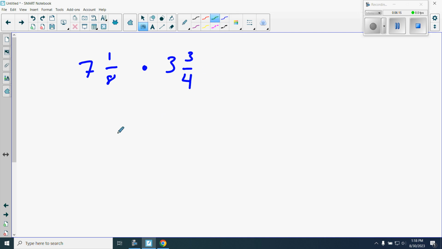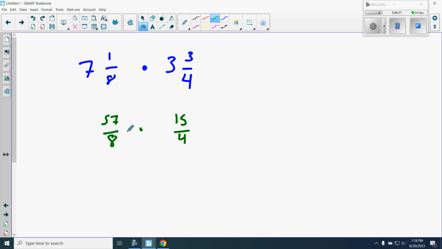It's tops times tops, bottoms times bottoms. So I have to make it a definite top and a definite bottom. 8 times 7 is 56, plus 1 is 57, times my 4 stays the same, maintain that value of 4, that grouping of 4, times 3 is 12, and 15.